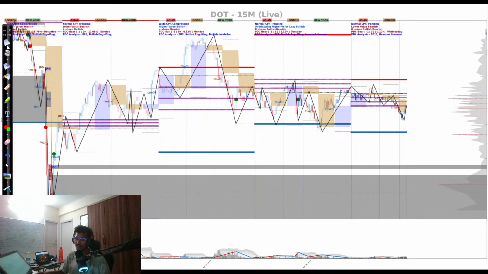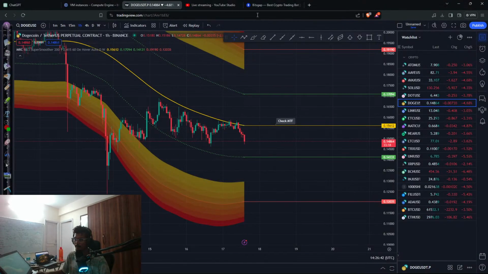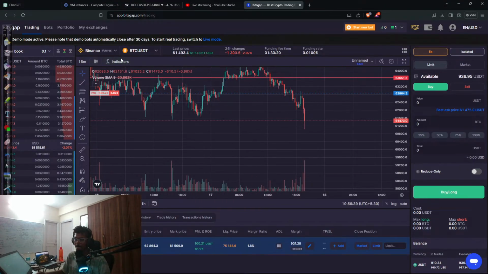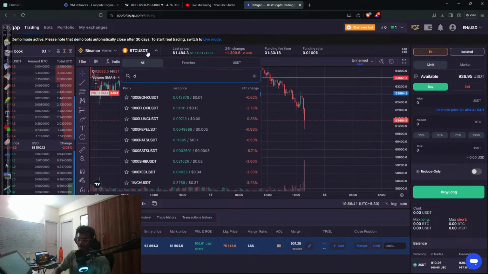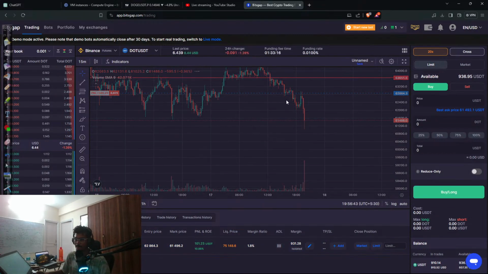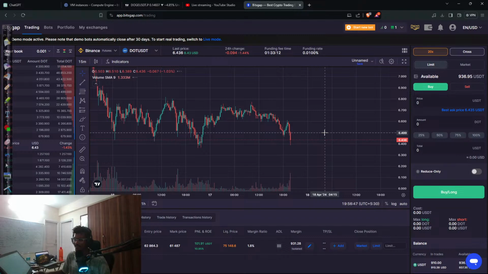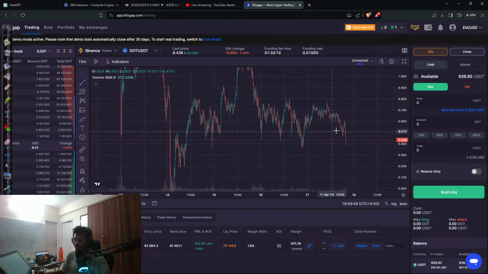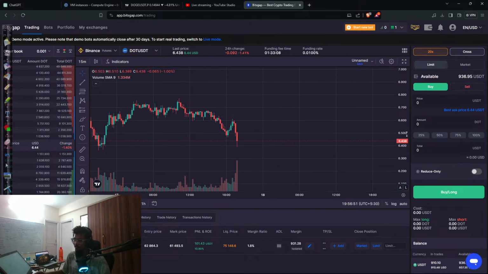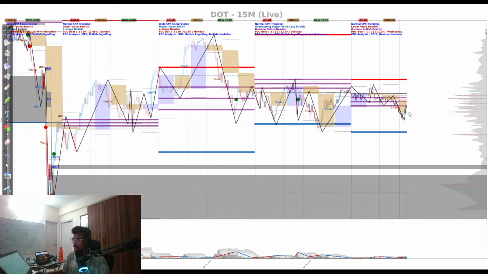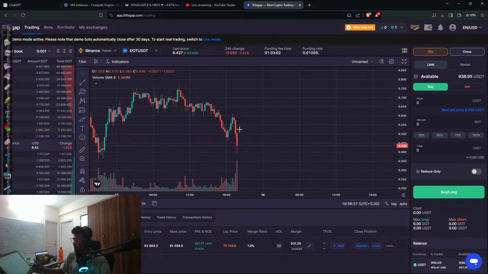Let's take a short position on DOT, Polkadot. And we actually missed the opportunity. We had to enter here, a short trade.